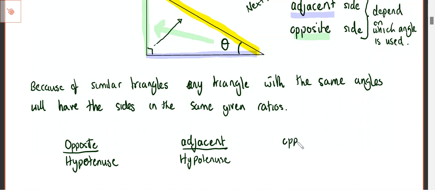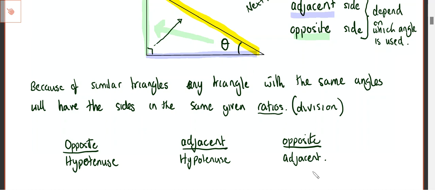And the opposite divided by the adjacent is the third one that we consider. Now, ratios are just division. It's another name for division. So, opposite divided by hypotenuse, adjacent divided by hypotenuse, opposite divided by adjacent.